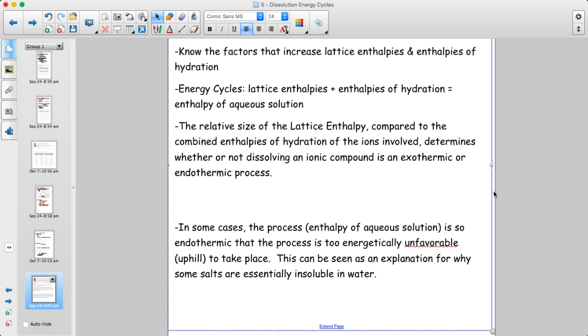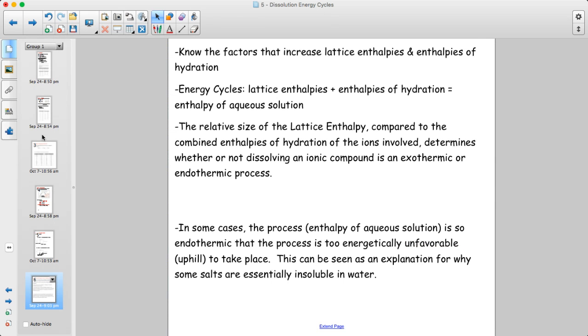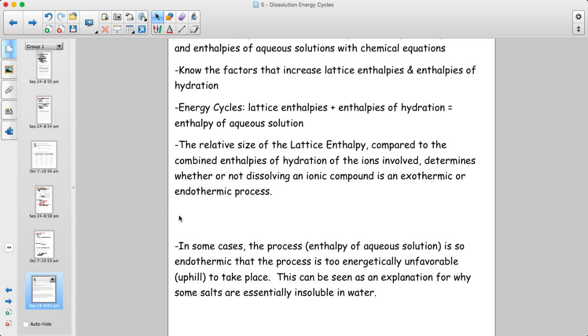And if the ions find each other, they form precipitates in those double replacement reactions we may have done a long time ago. When this happens, it's because the enthalpy of solution is so endothermic that it's not energetically favorable to happen. There's not enough energy to make it happen, and so the ionic compound actually won't get pulled apart by water. But that is this one other example of an energy cycle.